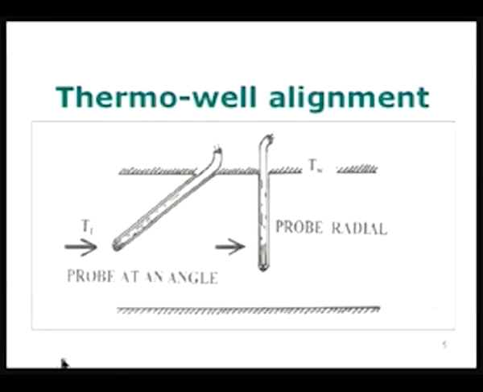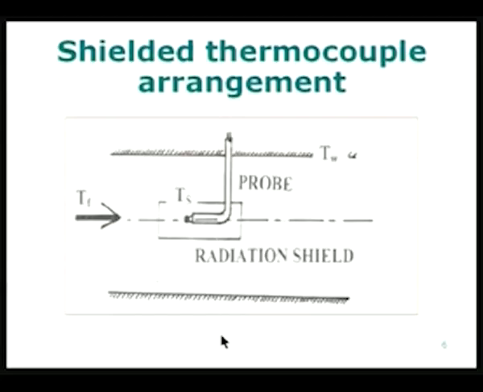The next thing, actually we have shown a probe in that particular fashion. Here I am looking at shielding to reduce the amount of radiation which takes place from the thermocouple or the probe to the walls. In this case, suppose the fluid is at a high temperature, the wall is at a temperature lower than the Tf.